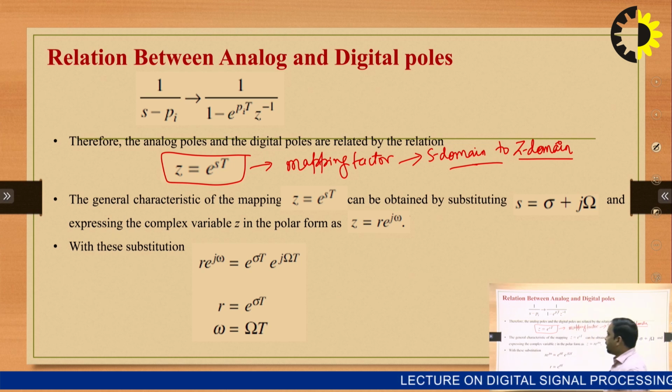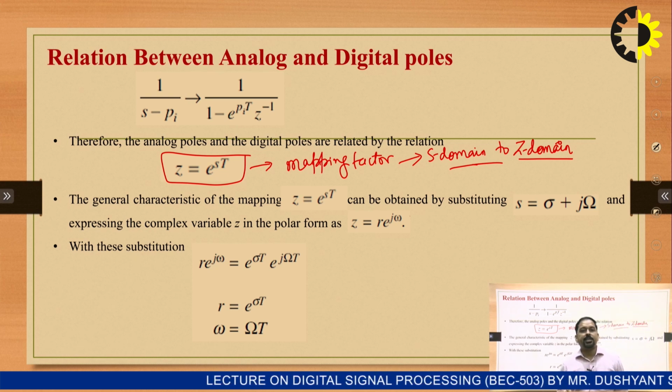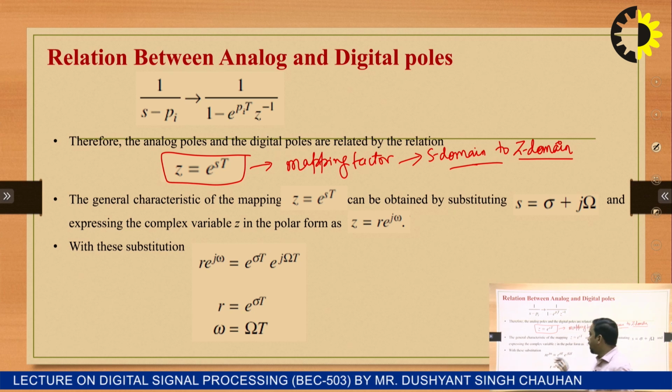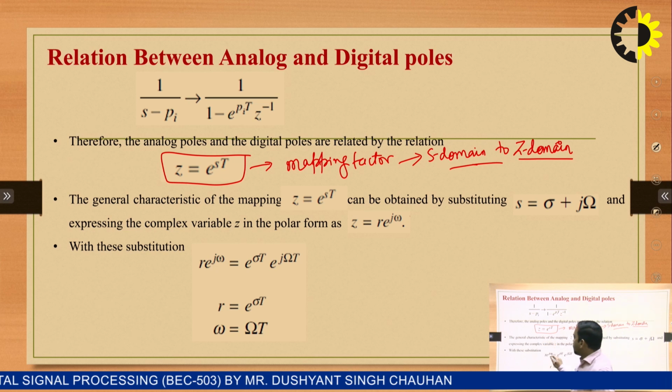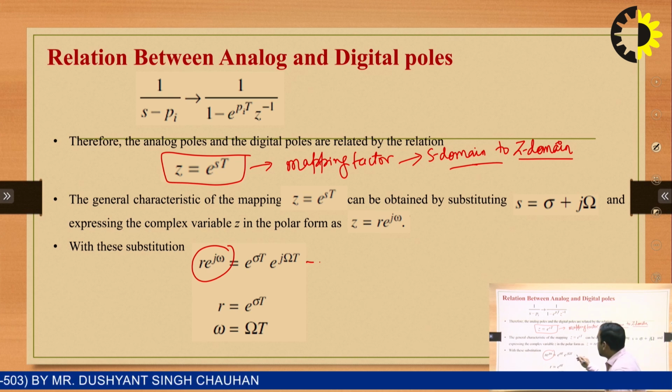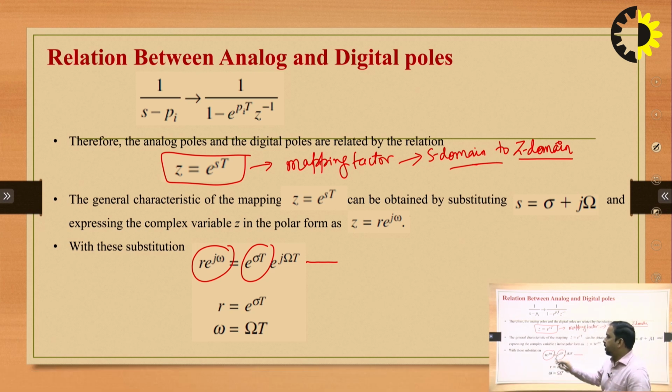So the general characterization for the mapping z equals e raised to power st can be obtained by simply substituting s equal to sigma plus j omega, and by expressing z equals r raised to power j omega. So we'll put r raised to power j omega to the left, and e raised to power sigma t and e raised to power j omega t to the right, and I'm going to compare the real part with the real part, and the complex part with the complex part on this side.